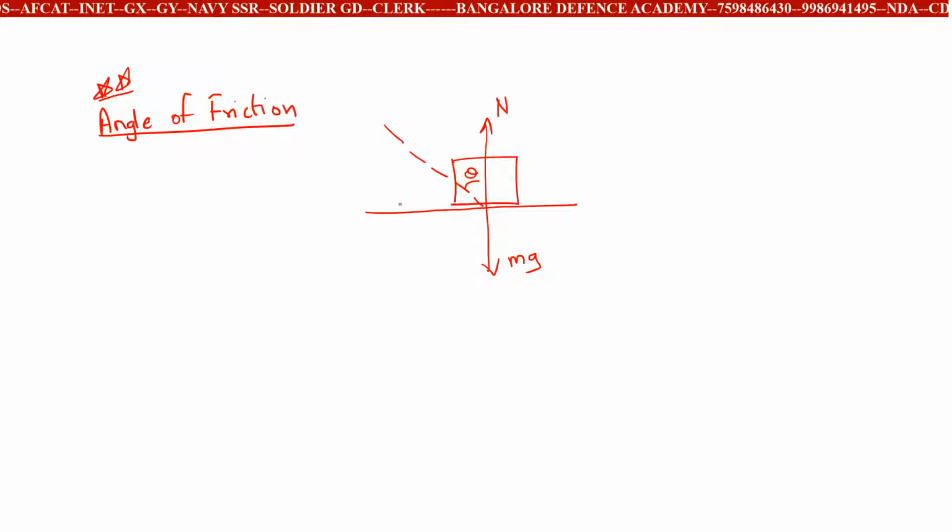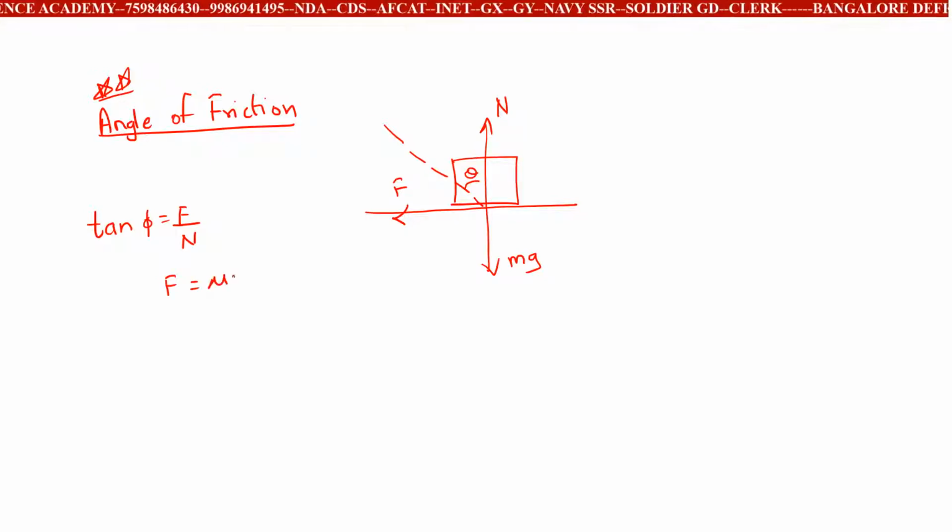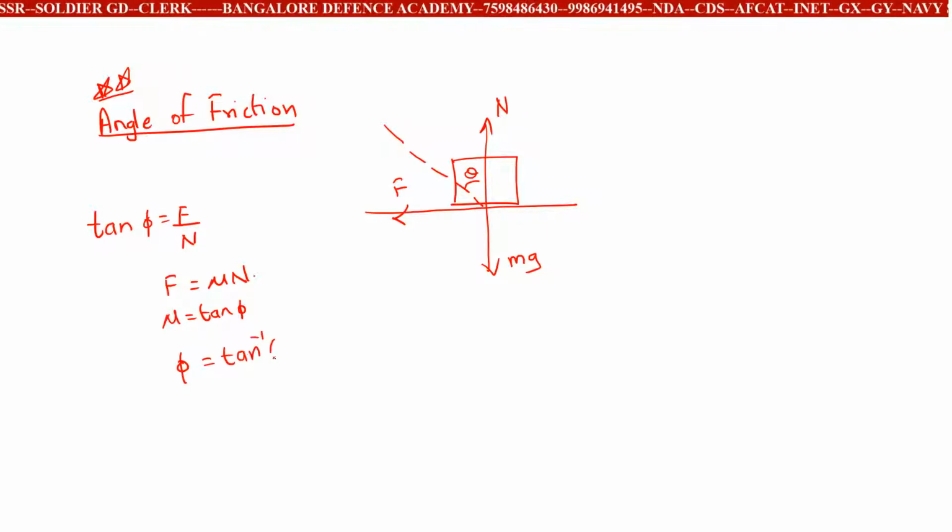This is what we have to find, and the force is acting in this direction. The formula given here is tan phi is equal to F by N. F we know from the first formula, that is mu N, and mu is given as tan phi, that is the coefficient of friction, and finally the angle can be found out: phi is tan inverse of mu, the coefficient of friction.